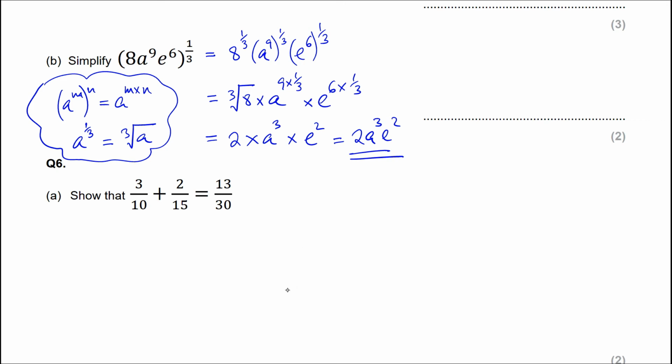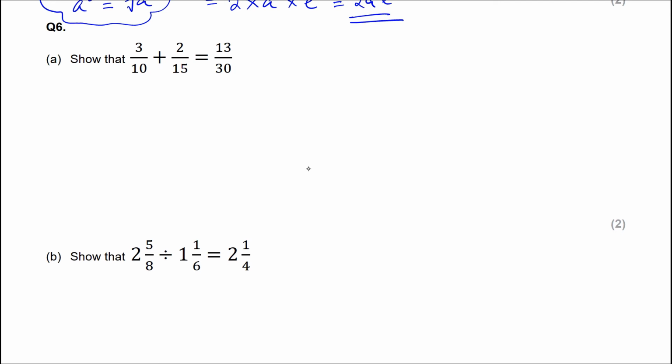Okay, moving on to number 6. Again, here we are required to show that the left hand side is equal to that. So from the left hand side, I'll apply the same approach that I explained in the beginning of this video.